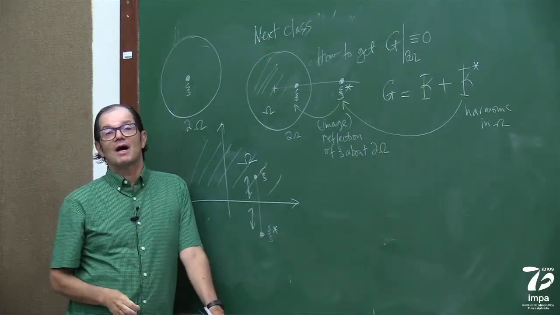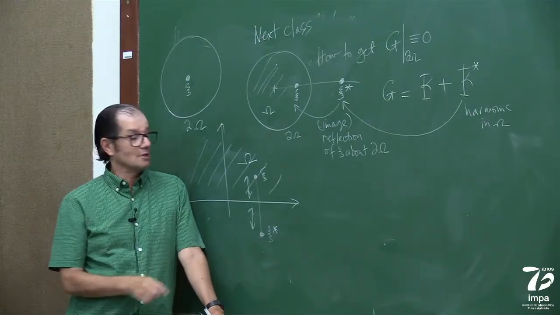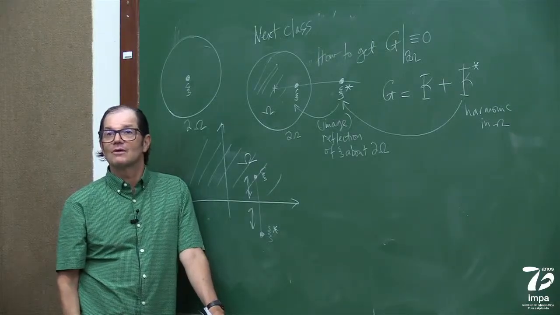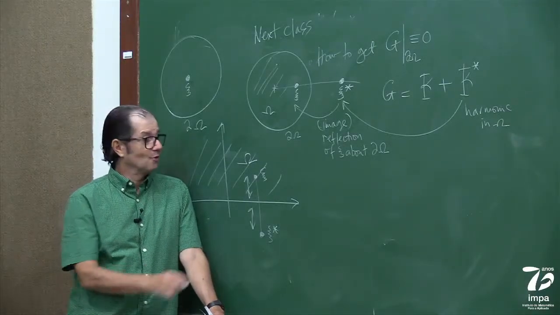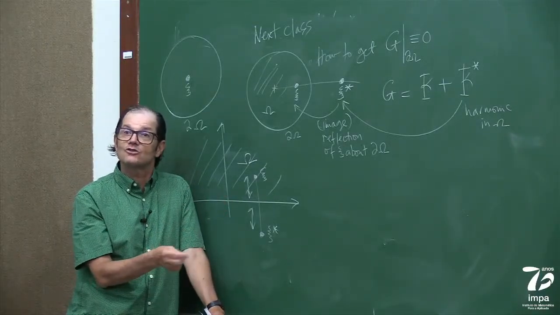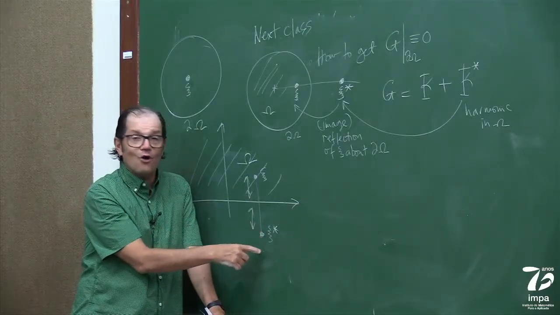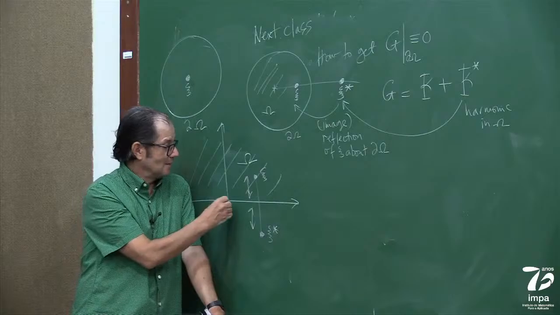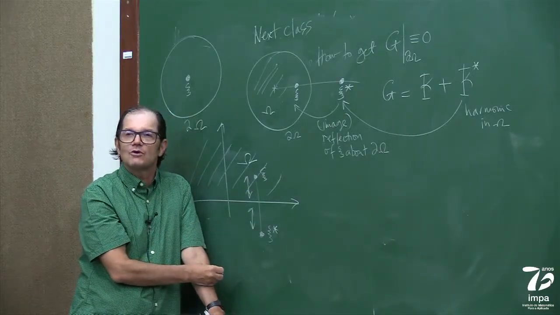And doesn't this remind you, for those who have seen complex variables, of the Schwarz reflection principle, where to do analytic continuation you use the conjugate of the point z, and the function has to be 0 here, real valued, whatever.